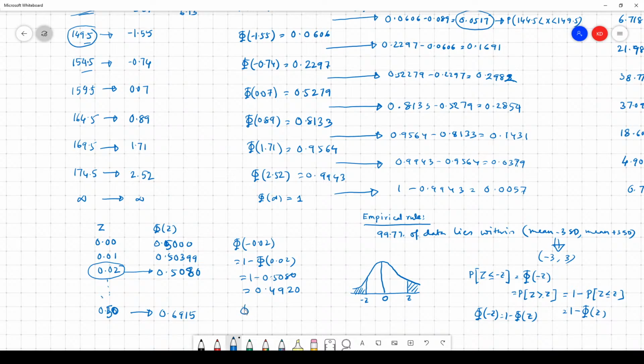Suppose you want to compute for 0.5. First you find z equal to 0.5 in the z table, then go horizontally and find phi z corresponding to z equal to 0.5, which equals 0.6915. So in that way we can compute phi z.